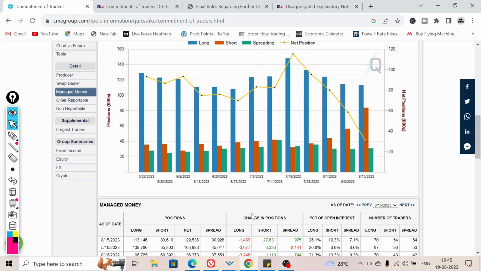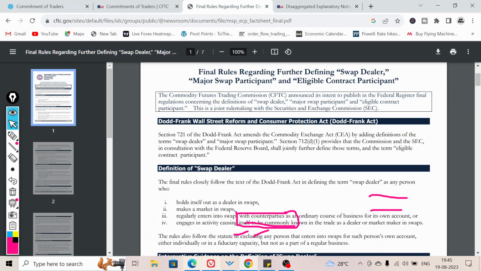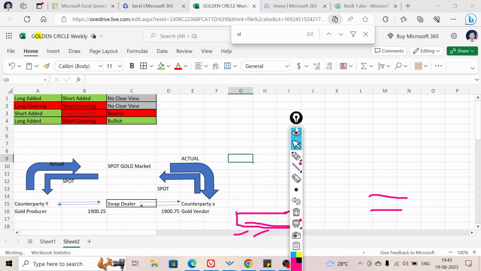Let me give you an overview of how you can utilize these changes in positions. Every time you just have to look at the change in long and short positions. You can change the date from here. As per my experience, this is the view and the sentiment that you can apply.